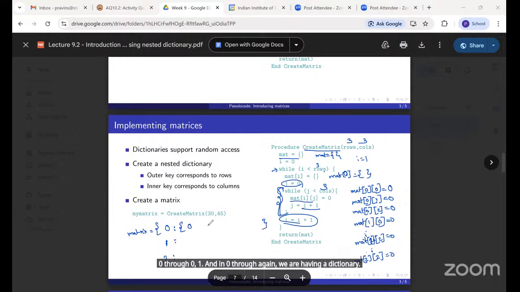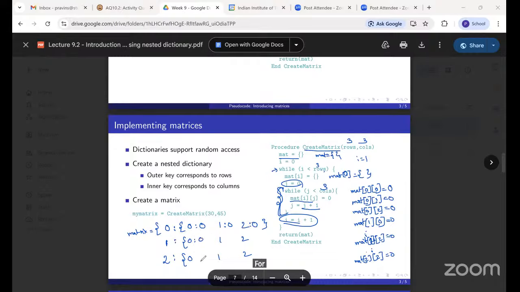Here again, 0 as key, 1 as key, 2 as key. Again here, 0, 1, 2 as keys, and 0, 1, 2 as keys. And here we are just initializing 0 for all keys. So this is how the matrix structure can be represented through the dictionary.